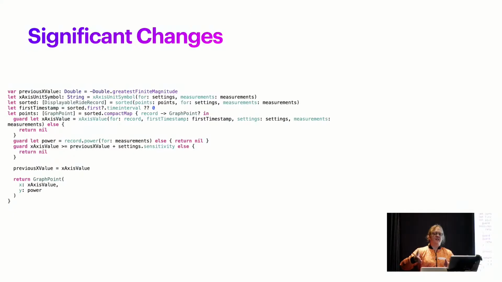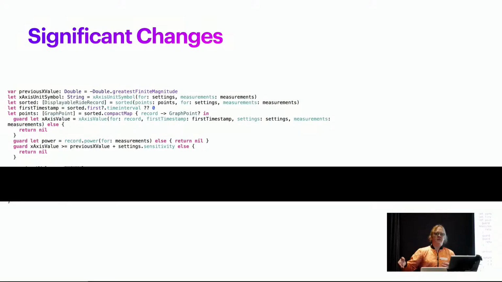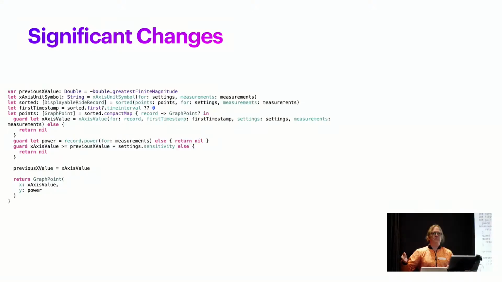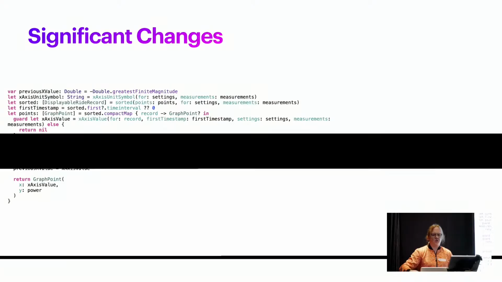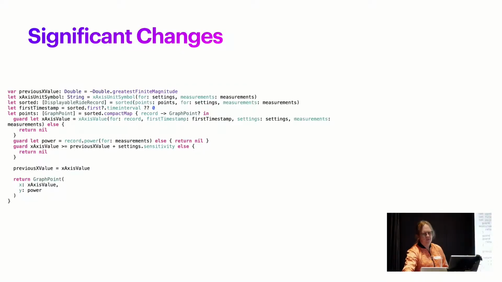And do I then need to draw this next point, or can I just throw it away and wait until another significant change has happened? So here, that last of the guard statements is what is showing the difference in the sensitivity. So that is, okay, have I progressed far enough in order to show this next point of data?